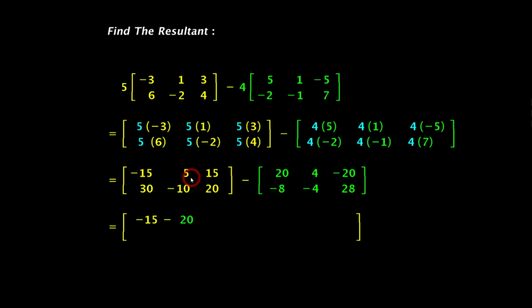Next location, 5, subtract 4. The next is 15 minus negative 20. We just use parentheses, minus of the negative 20. Next row, 30 minus negative 8. Then negative 10, subtract the negative 4. Then 20 minus 28.